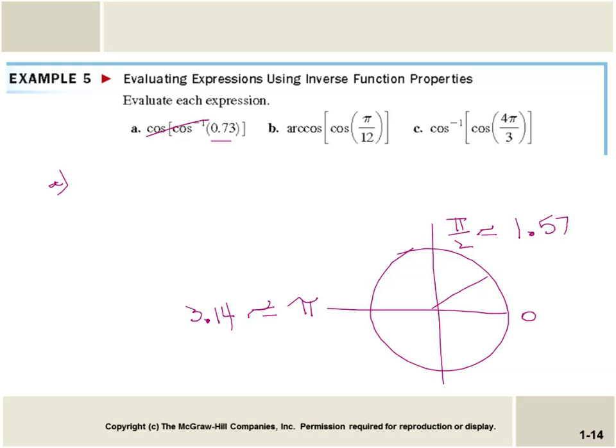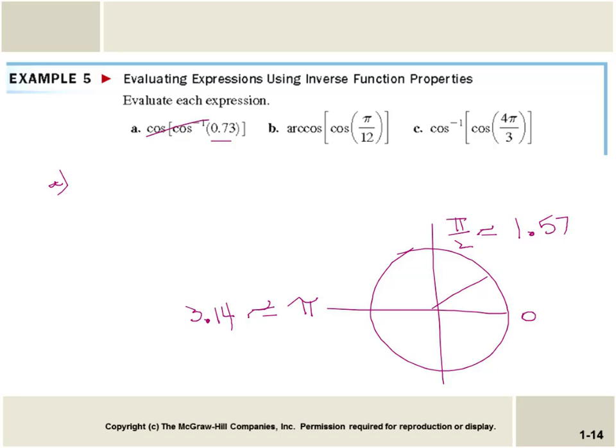Okay, Luis, I gave you the hard one. What is the answer to C? Okay, no problem. Well, let's just do it together.